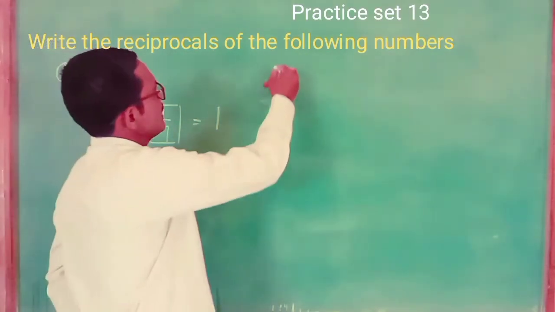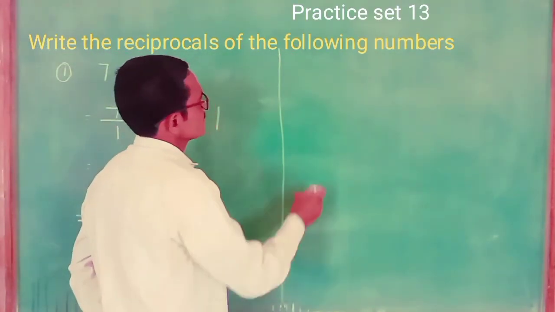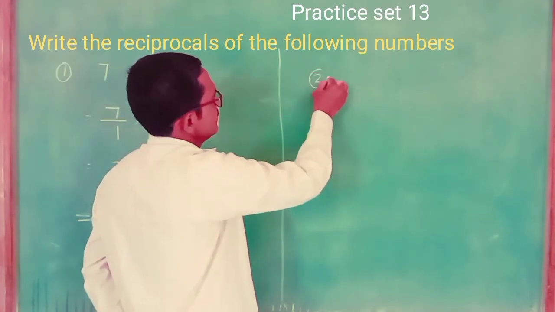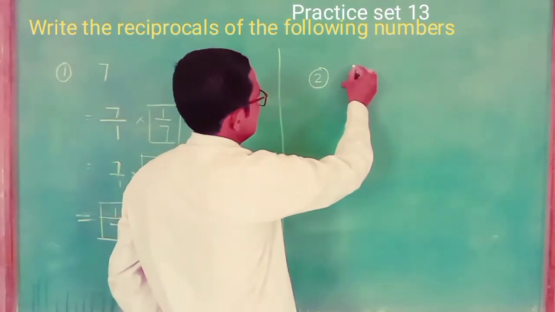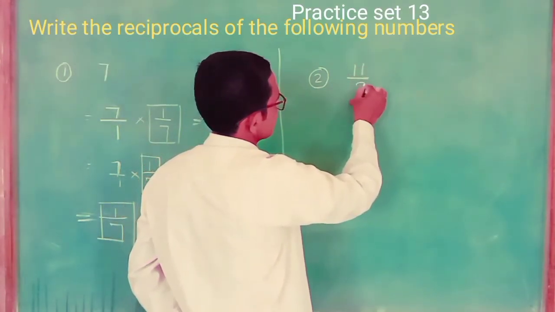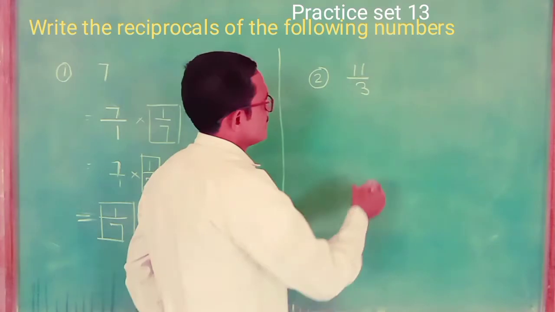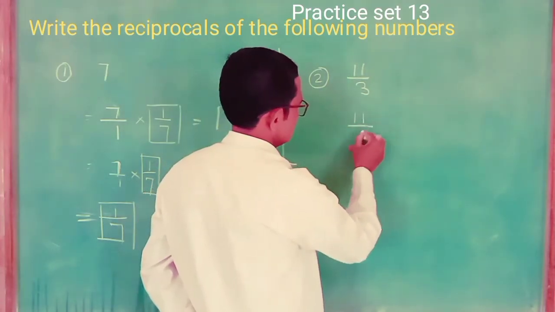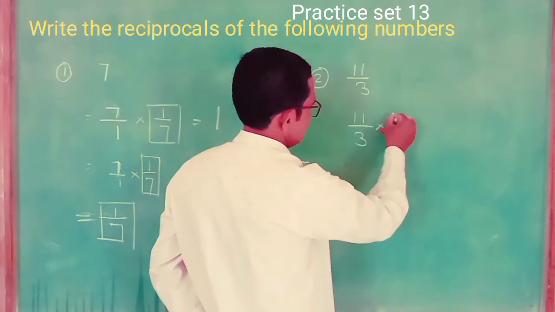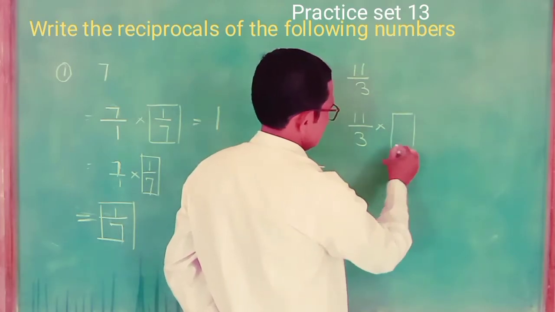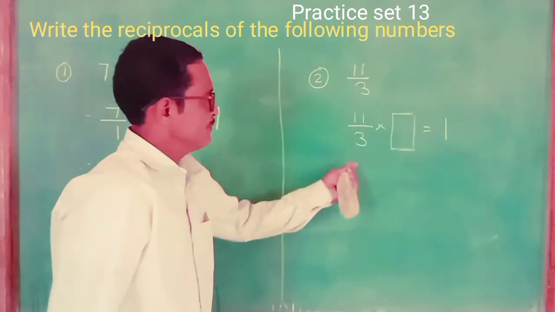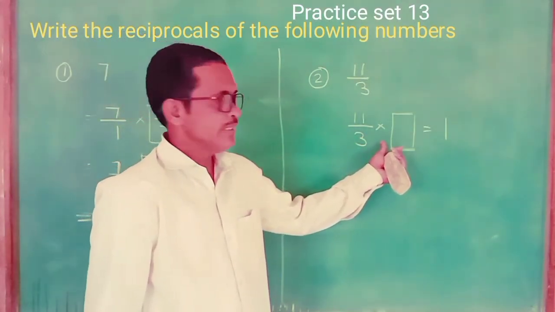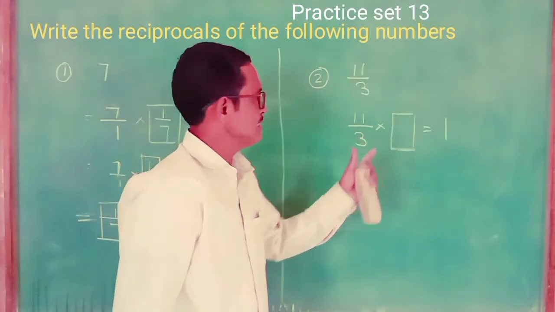Similarly, we can solve another example. We have to find the reciprocal of 11 upon 30. We know that if the product of two numbers is 1, each number is said to be the multiplicative inverse or reciprocal of the other.